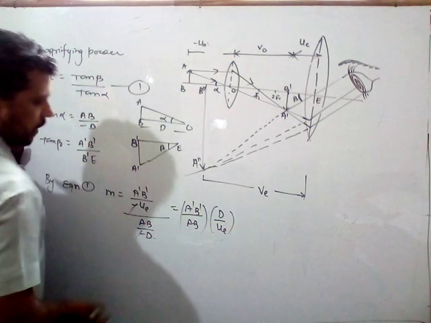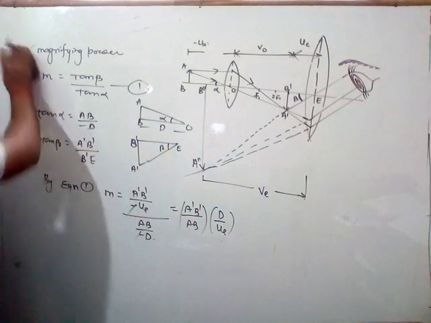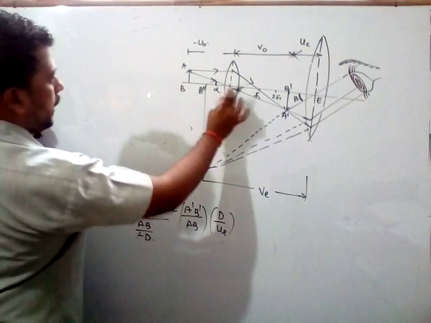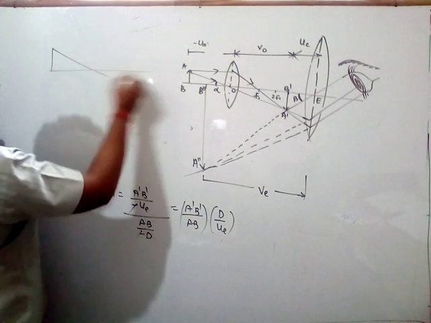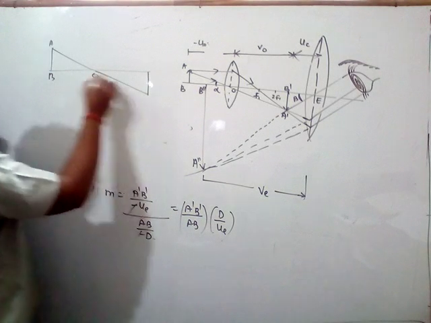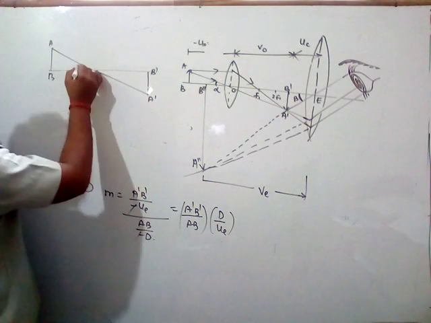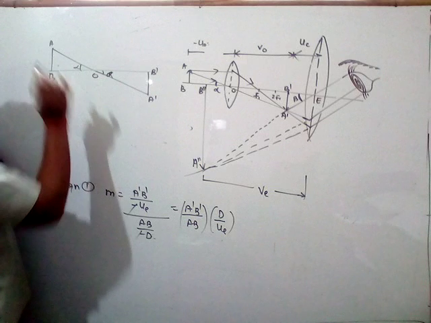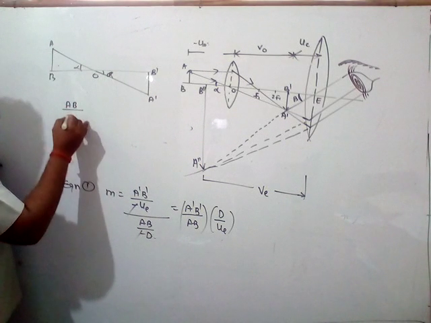And what will be the value of A'B'? So let me consider both triangles like this. This is AB, this is O, and this is B'A'.